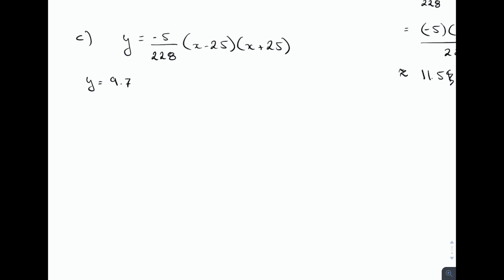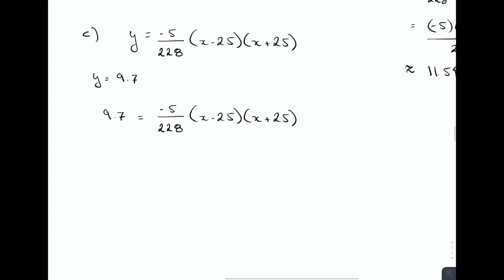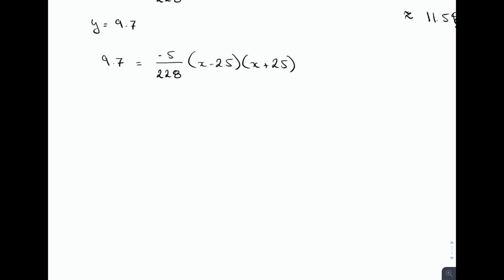You know what? Let me just take this part here, and I'm going to make it equal to 9.7. Now we got to solve for x, and I'm going to take a few shortcuts here because I can see them.